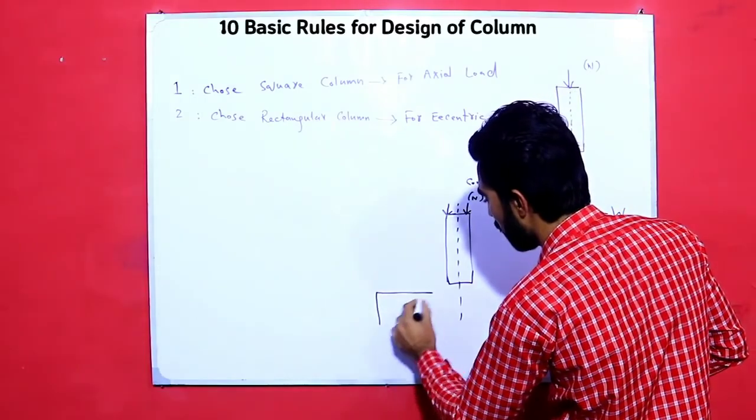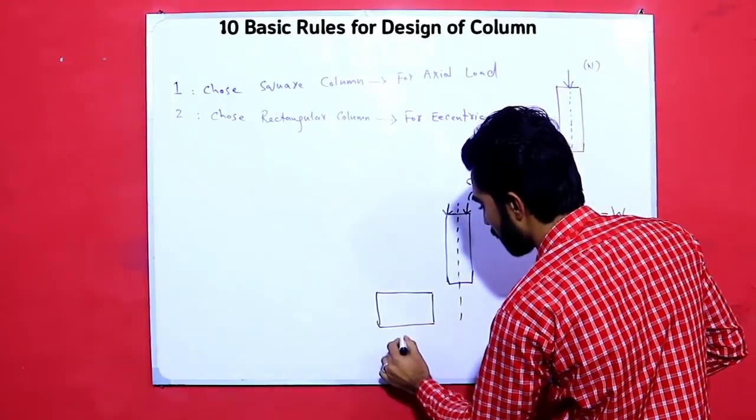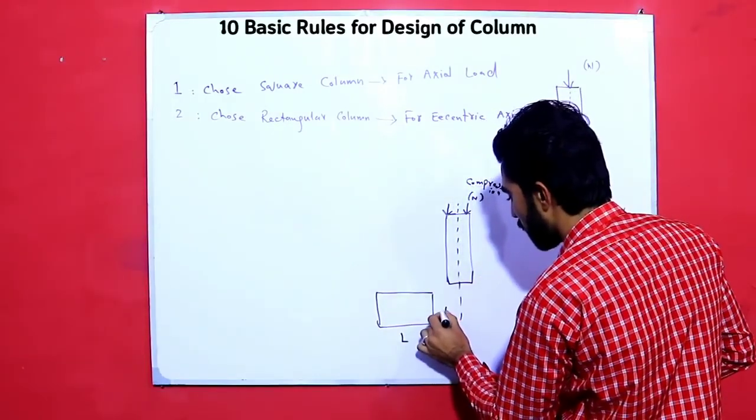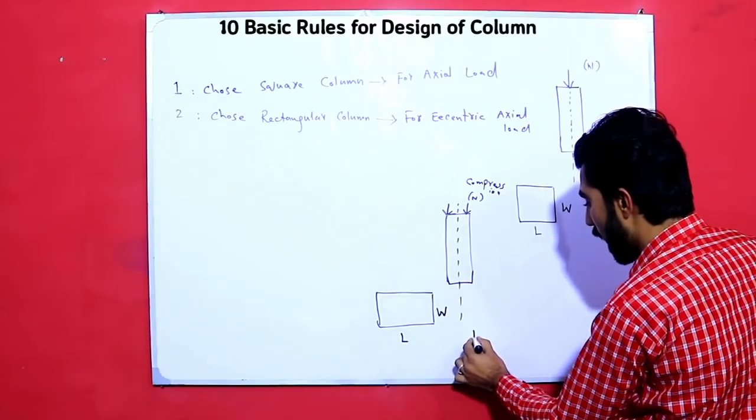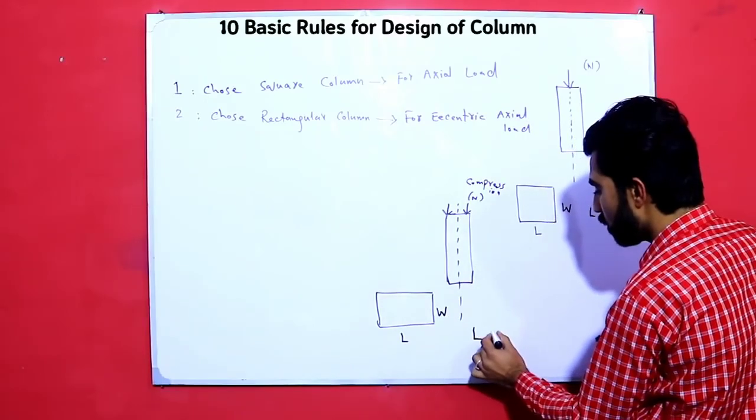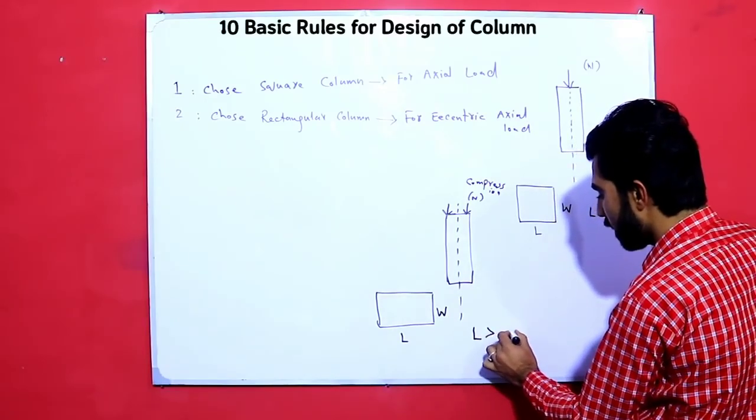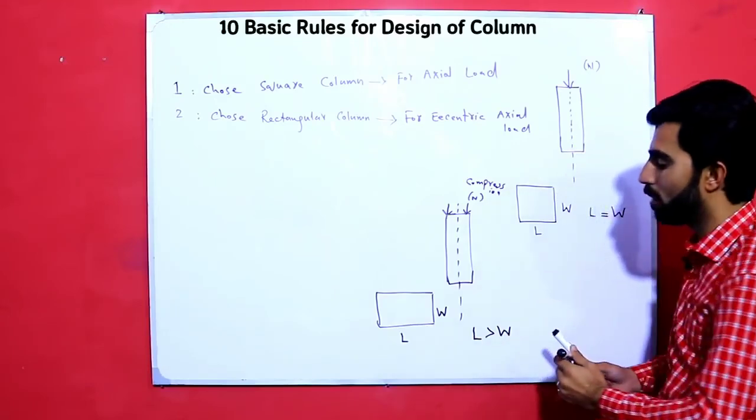So this is the second basic rule: this is length and this is width, which means length should be greater than width of the column.